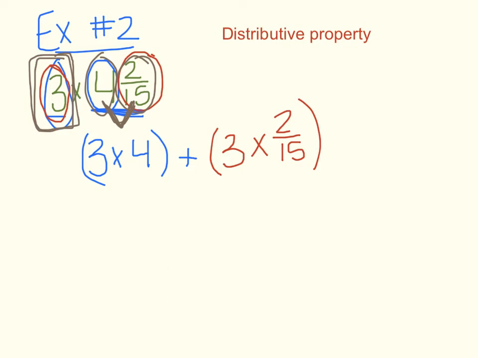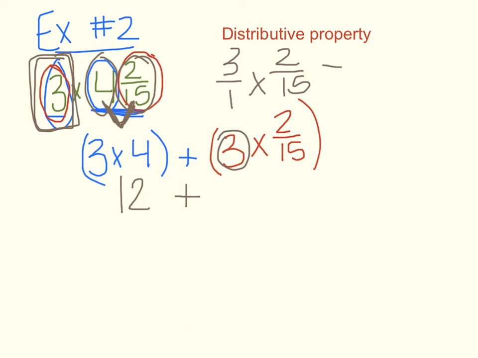So let's do that. 3 times 4 is 12. Plus, I would put 3 over 1 times 2 over 15. I just took this 3 and put it over 1 since it was a whole number. And now I multiplied. 3 times 2 is 6.